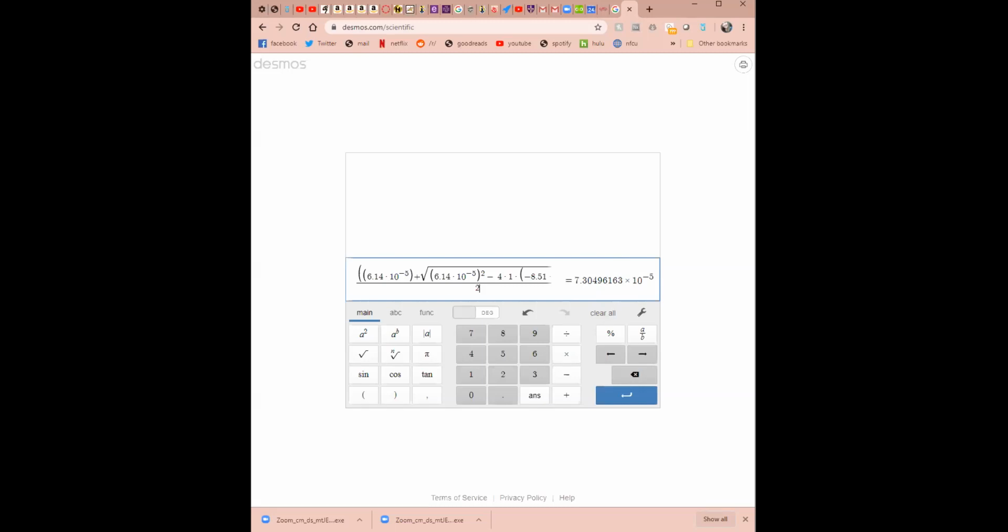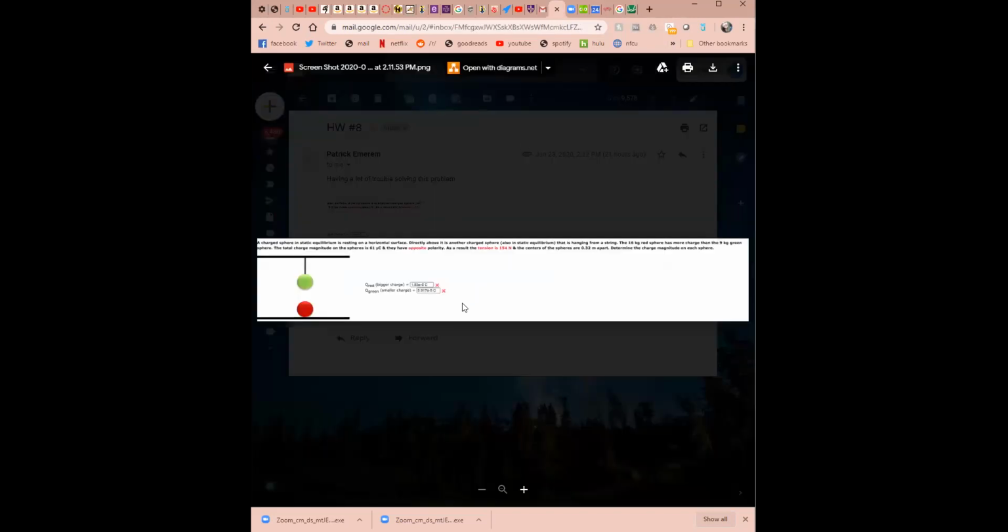And if we go back to our assumptions before, Q1 is going to be the positive charge. And if I go back to the problem and look at it, Q1 is going to be the larger of the two charges, which means it's going to be the positive charge, and it's going to be Q red.